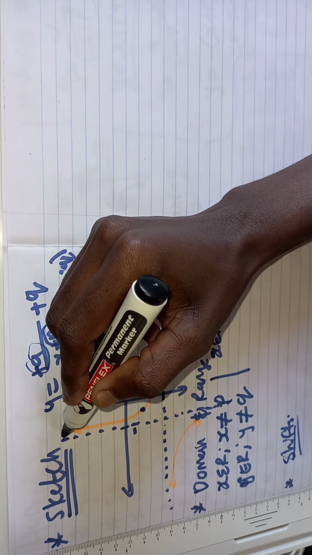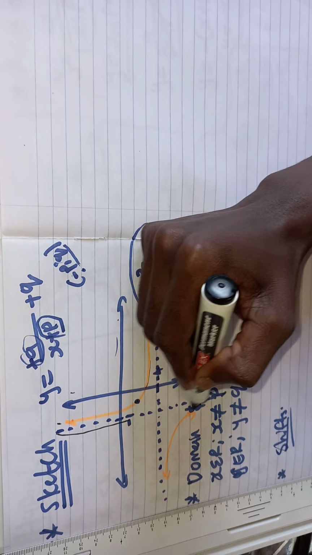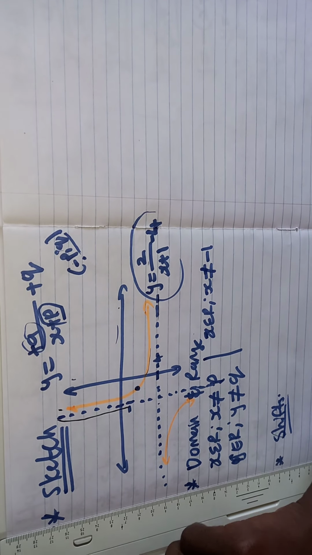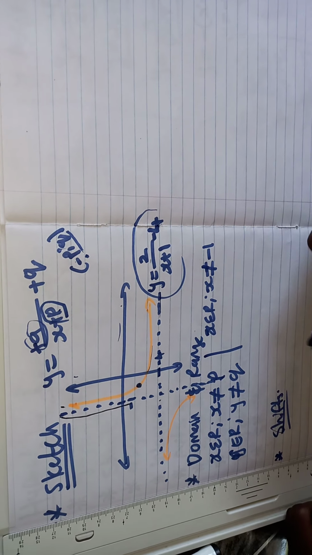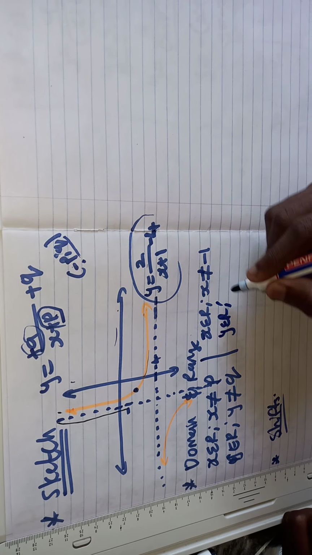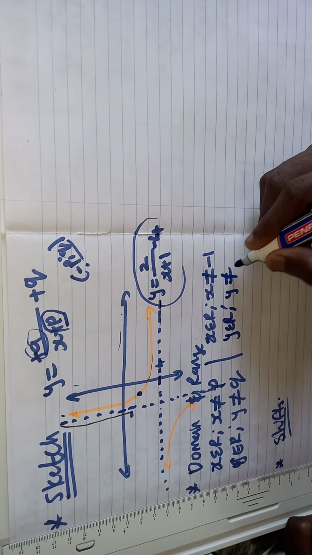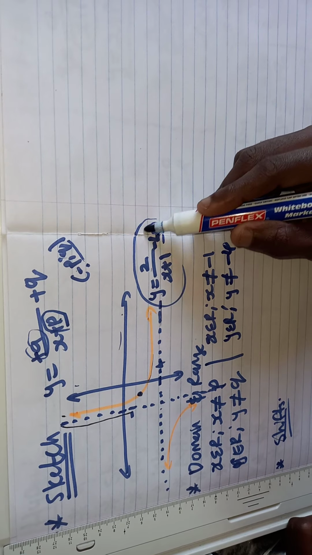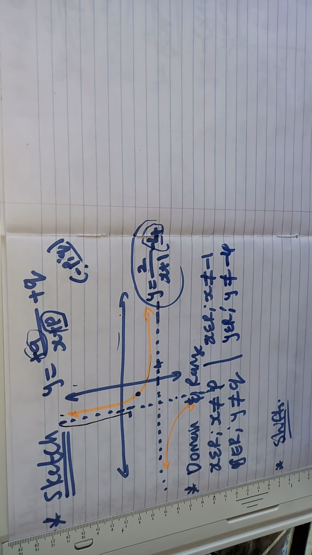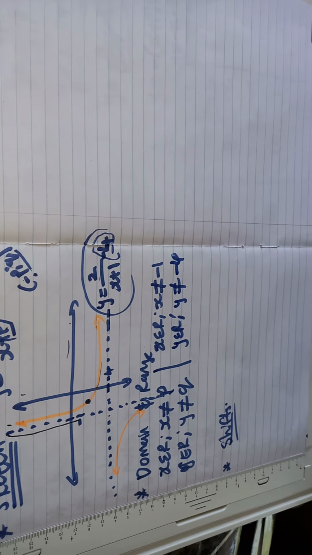So for y, we have y is an element of the real numbers, but y must not be negative 4, because here we're given negative 4.